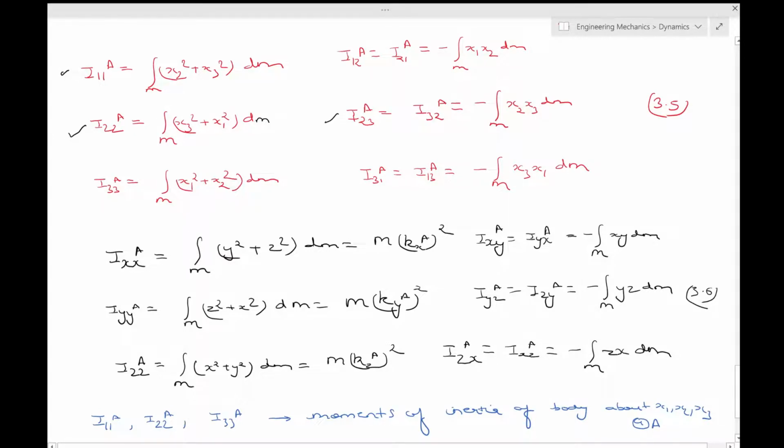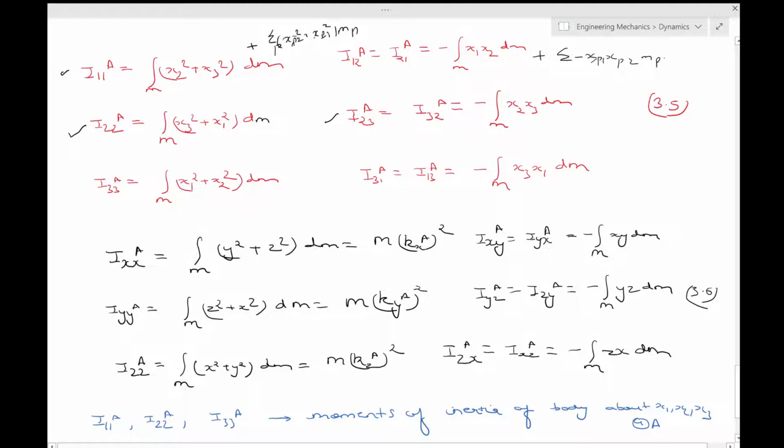For example, in this one you will be able to add summation over p of (xp2 whole square plus xp3 whole square) mp. Okay, so in this particular term you will again be adding this summation of minus xp1 xp2 mp.